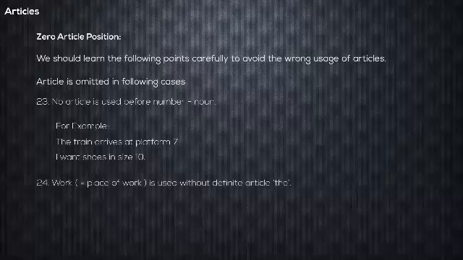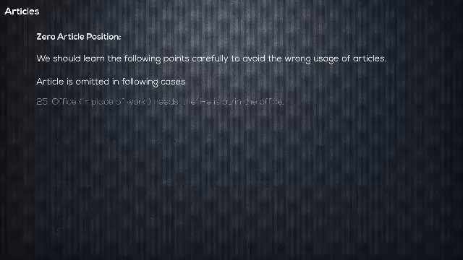24th. Work, that is place of work, is used without definite article the. For example, he is on his way to work. She is at work. 25th. Office, that is place of work, needs the. For example, he is at or in the office.